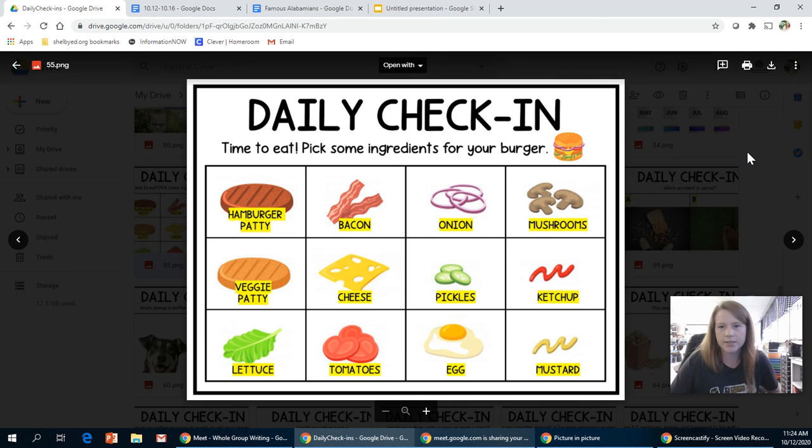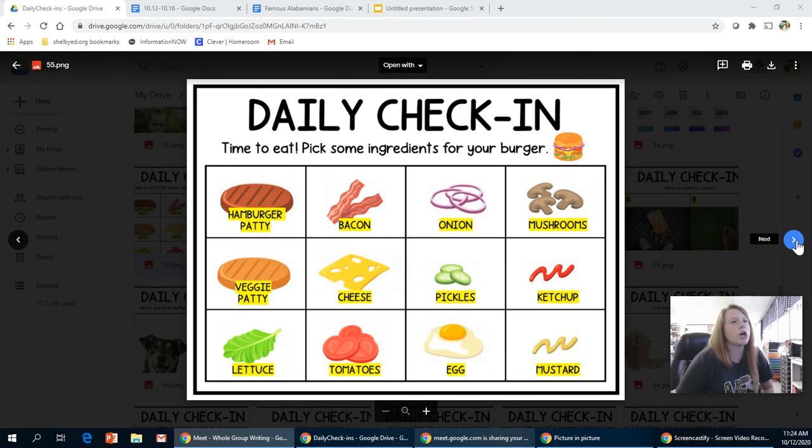Oh, let me undo the chat box. Let me let you type. Okay. All right. Type in what you want on your burger. Then I will see y'all tomorrow.